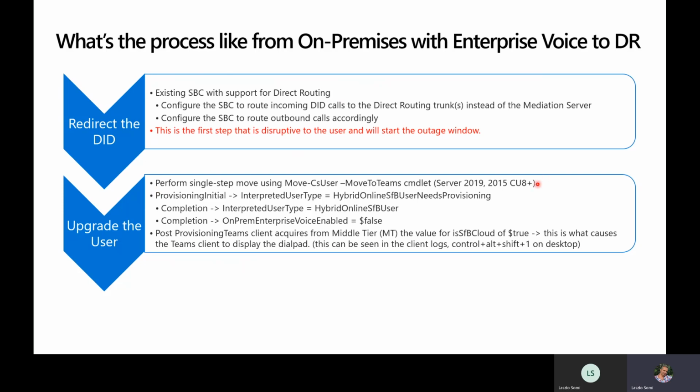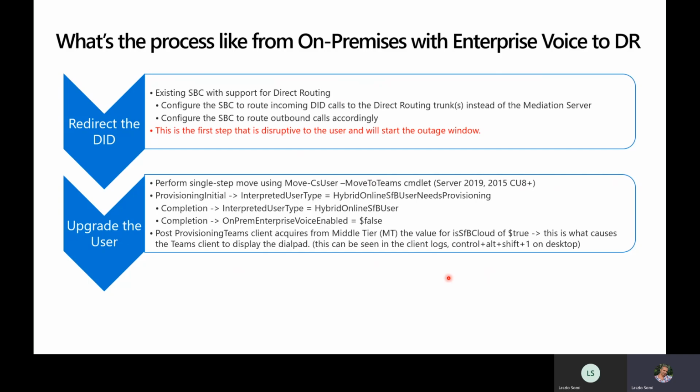And at the same time, upgrade the users, one-step or two-step move: Move-CsUser, move to Teams, or Move-CsUser, move them to Skype for Business Online, then move them forward with the right Teams only policy. From the middle tier, once the change is made to Teams only, the Teams client will pick up this change, restart, and the user is back in business using Teams as their telephony provider.